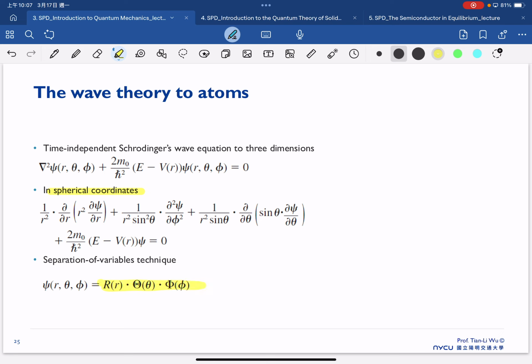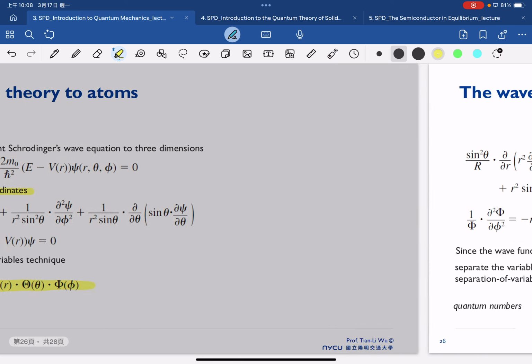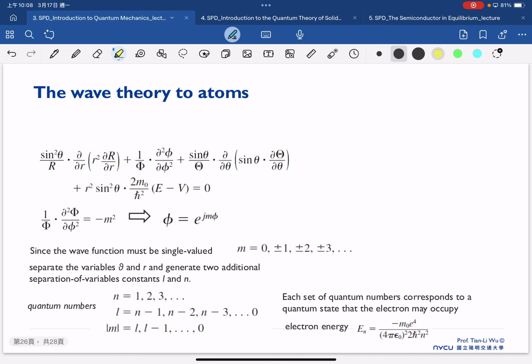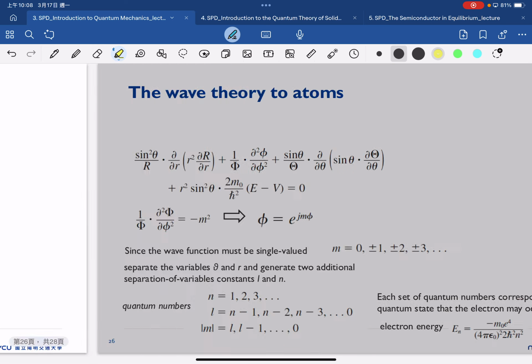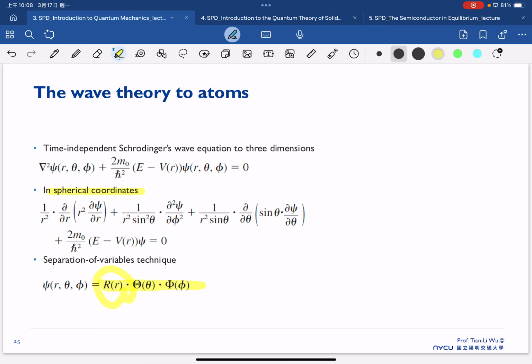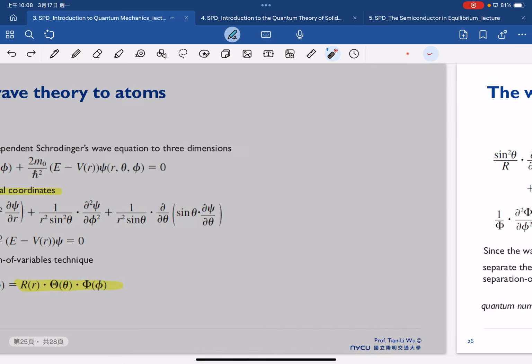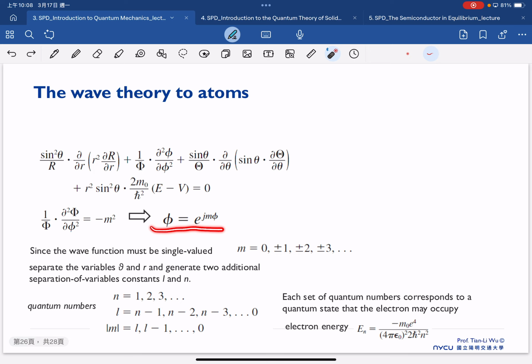That's just for your reference. Following this wave theory, we do similar things. We put the wave equation in terms of separation of variables. We consider these three coordinates. Then we can get this one.